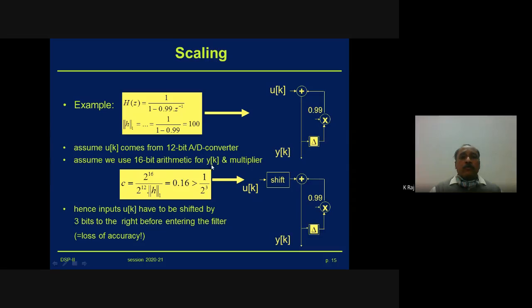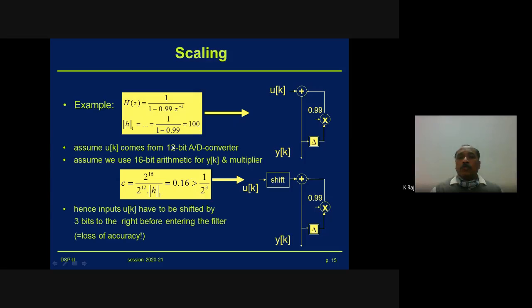So the maximum value of the output will be 2 to the power 16, and since the input is taken from the 12 bit A to D converter, the input's maximum value will be 2 to the power 12, and then the total summable value of h. If we see the total summable value of h, it is the sum of h(i), i from 0 to infinity, and this will become 100.